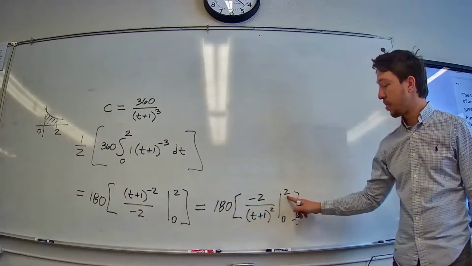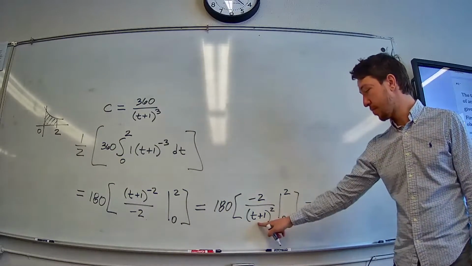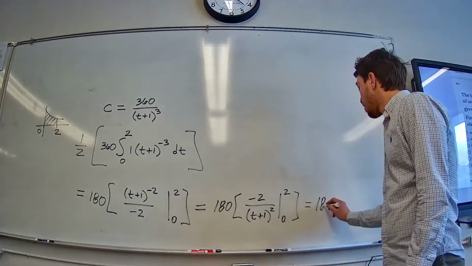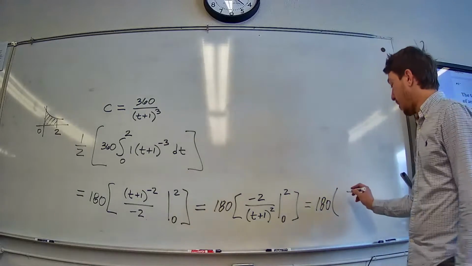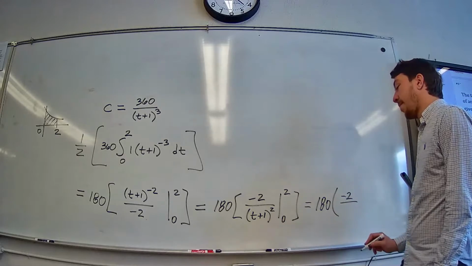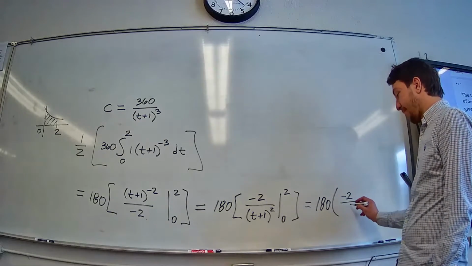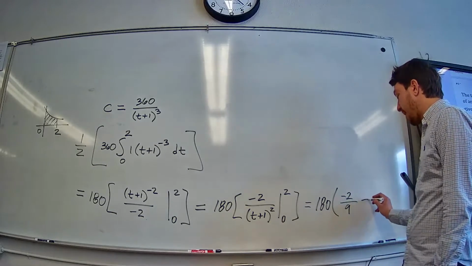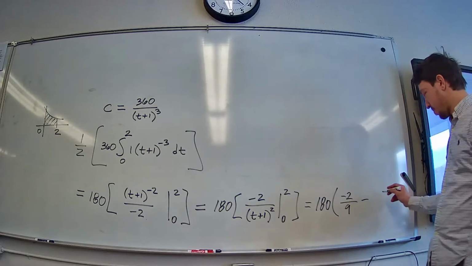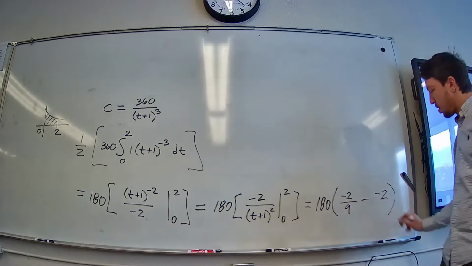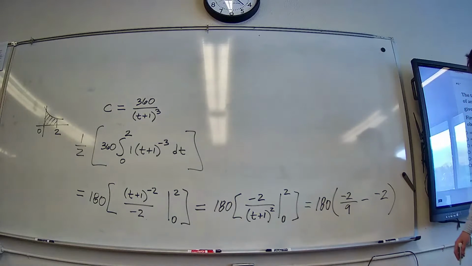And so you plug in 2, and you have -2 over 9, minus, plug in 0, -2. Are we all okay with that?